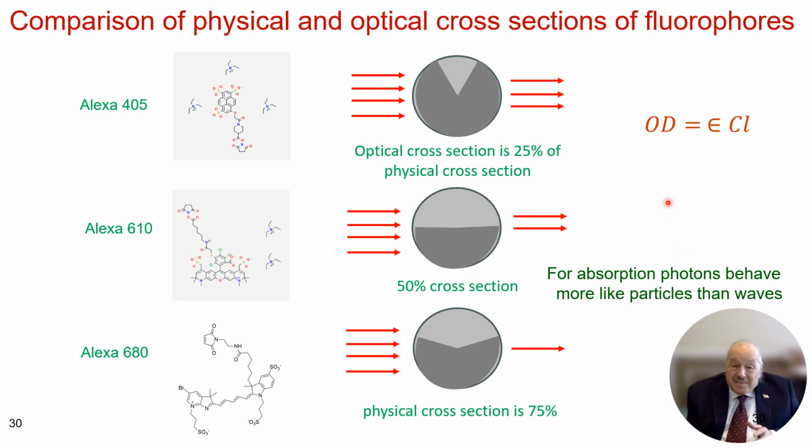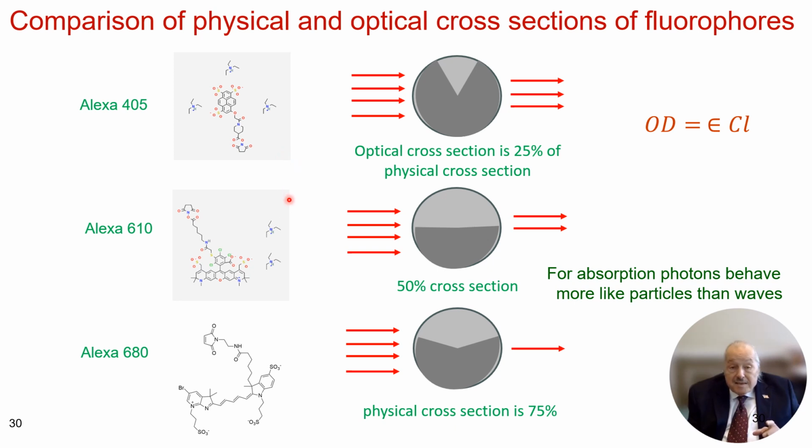So I put this figure together because of something I've read in many places: that if, instead of using the extinction coefficient, you calculate the cross section for absorption of light by a fluorophore, it turns out that the cross section is always about the size of the fluorophore or much smaller.